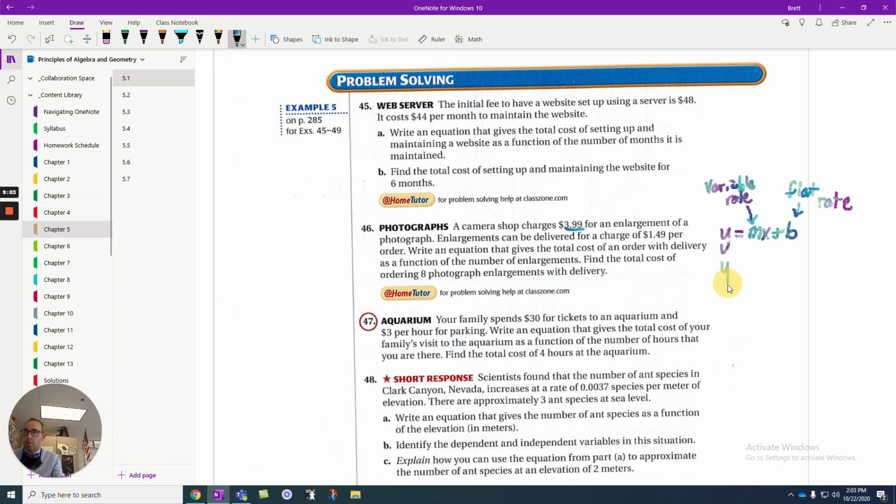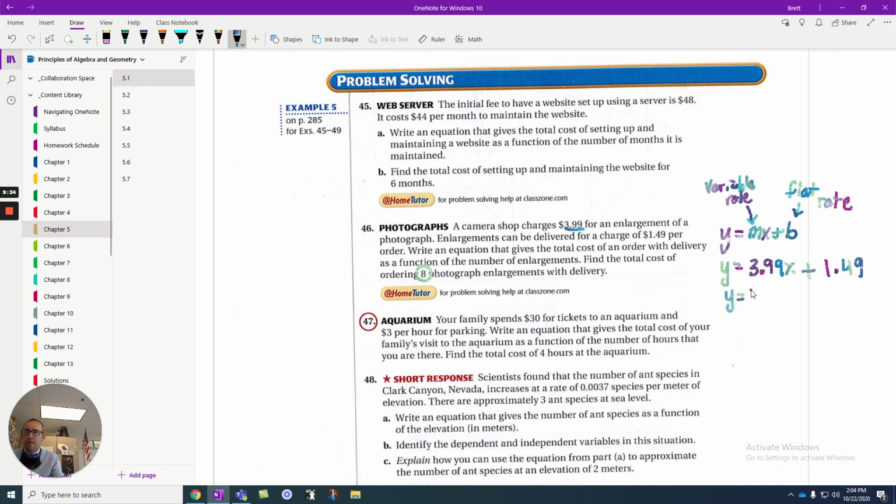So y would equal 3.99x, $3.99 per picture, plus that $1.49 is a one-time fee for that delivery. So now I know that's my equation that lets me determine how much money I'm spending. Now they want me to figure out, what if I ordered 8 pictures to be enlarged?